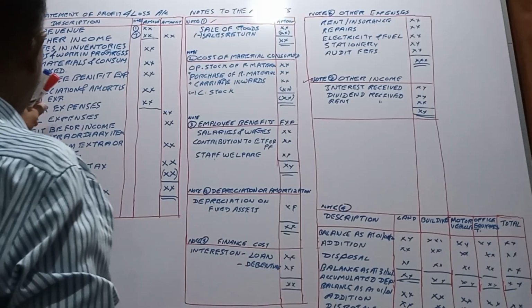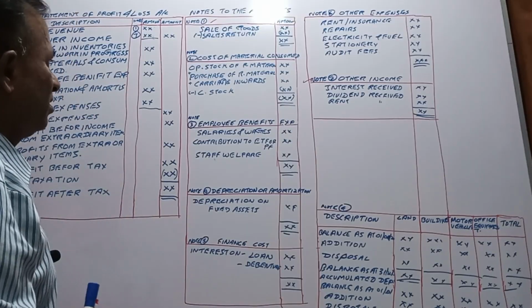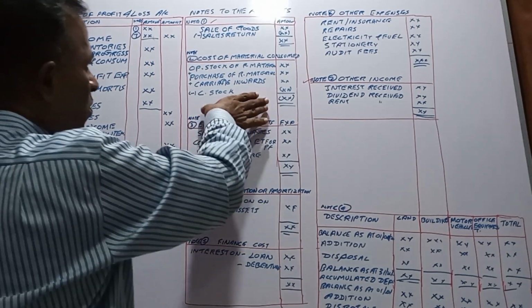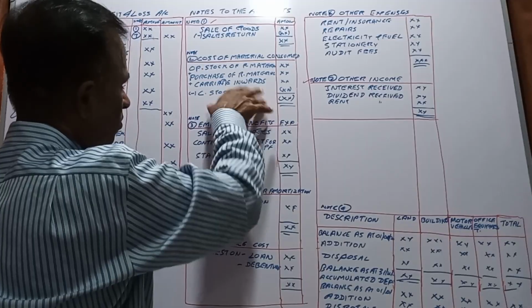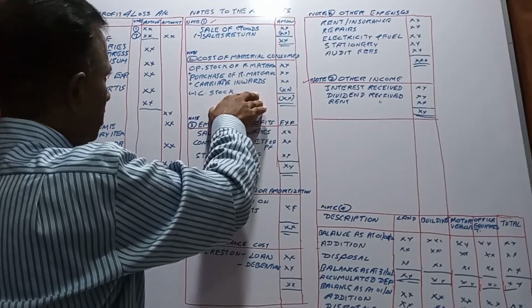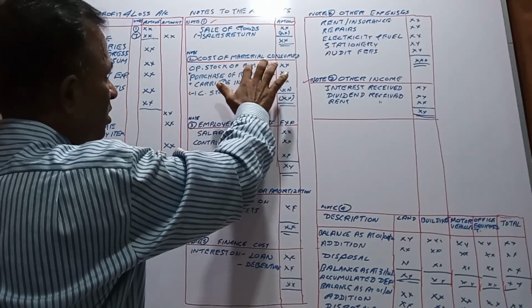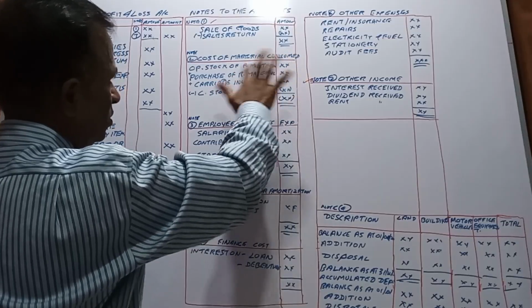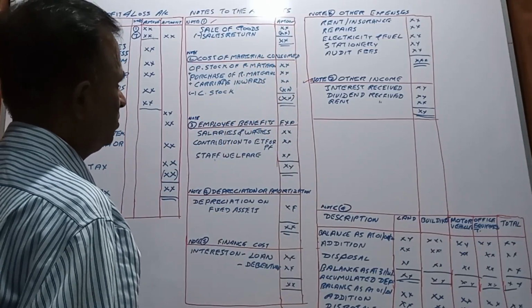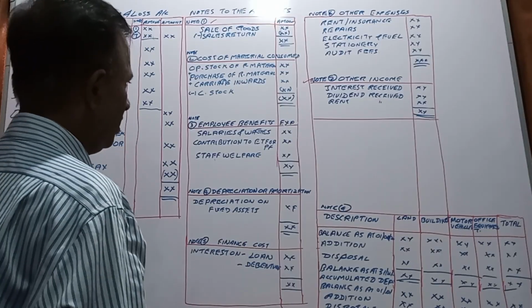And then employee benefit expenses. All this depends on raw materials. If you are involved in trading, this will consist of finished goods: purchase of finished goods, opening stocks of finished goods, and so on.